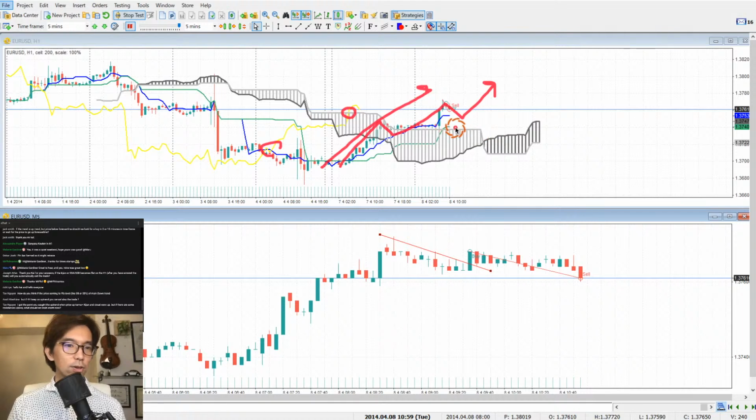And when Kijun-sen goes flat and Kumo goes flat, there's a good chance that the price consolidates and it might go backwards. And that's why you don't want to keep holding that buy, right? If you take a buy here, you don't want to keep holding it. You want to take it out until we see a decent uptrend next time, which is captured by the Kijun-sen angle and the Kumo angles. I hope that makes sense.